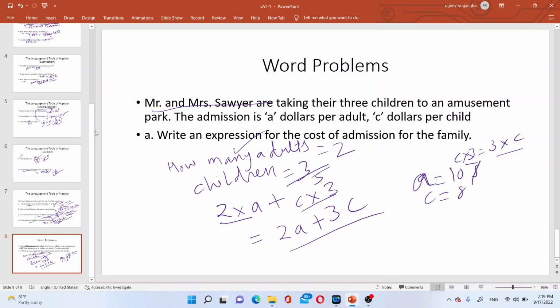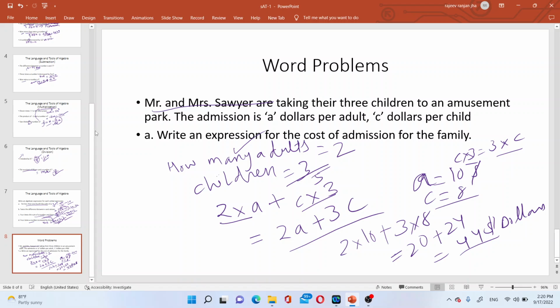So you put in place of A, 10. 2 into 10, and in place of C you put 8. 3 into 8. Okay, so you get 20 plus 8 3 is 24. So you get $44 is the admission. Okay, $44 is the answer.